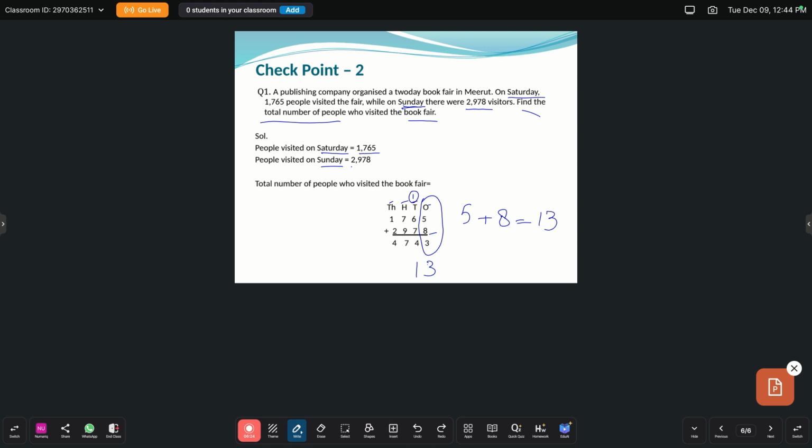Here we have 6 and we have to add 7. 6 plus 7 is 13, and plus 1 it is 14. So at tens column we have 14. We will write only 4 and 1 we will give to hundreds place.